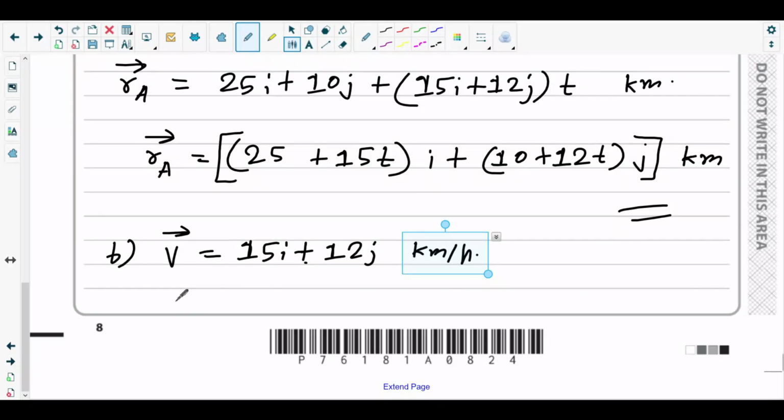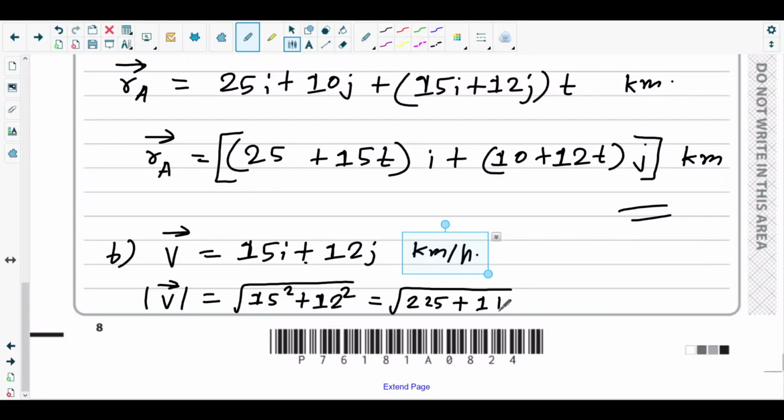We just need to find the modulus, that is the magnitude of the vector, which is the square root of 15 squared plus 12 squared, which is the square root of 225 plus 144. 225 plus 144 is 369, and the square root of 369 is 3 square root of 41 kilometers per hour.